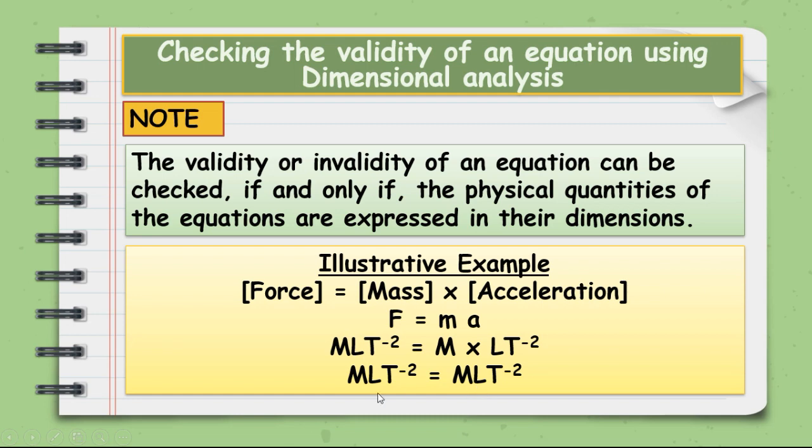And a quick inspection of what we have tells that this equation has both quantities expressed to be the same on the left hand side and the right hand side. So I can then be sure to say this equation is valid, with the conclusion that the left hand side has quantities equal to the right hand side.